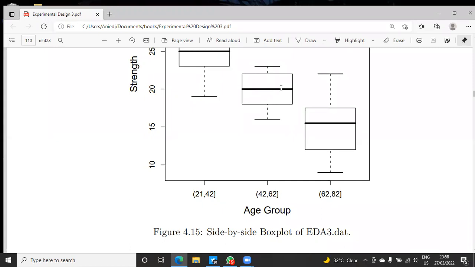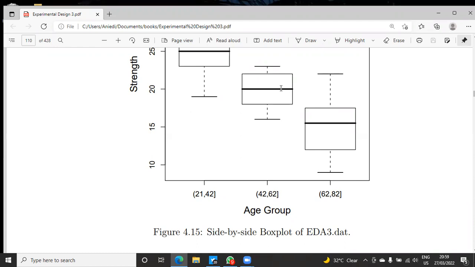When you obtain data of everybody between 21 to 42 years, you are able to summarize it with this box plot, telling you the minimum, the first quarter, the median, the third quarter, and the highest.